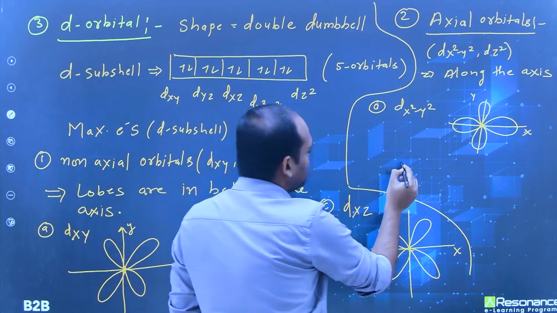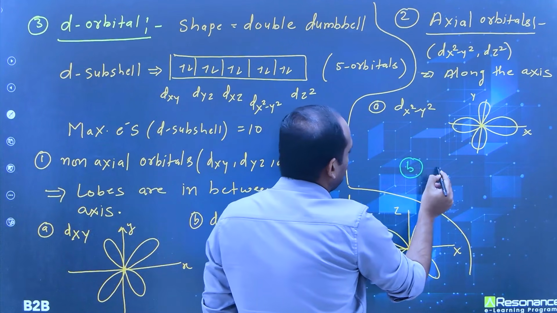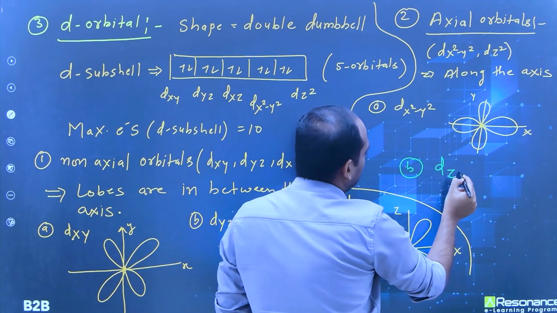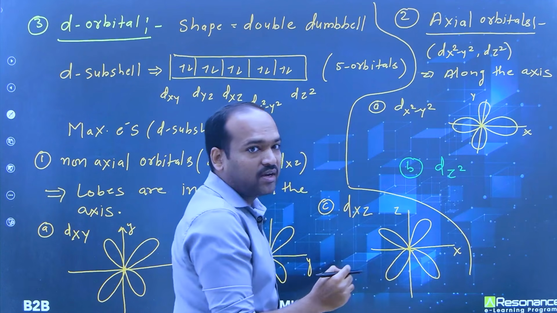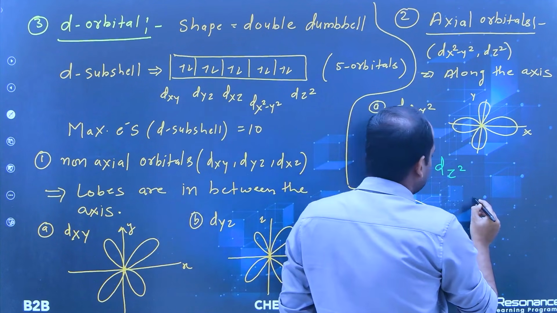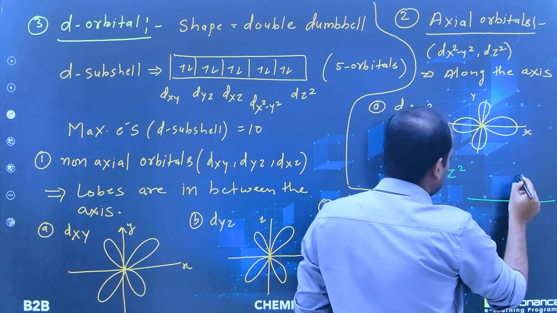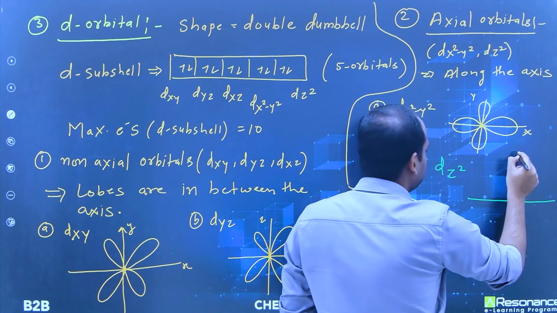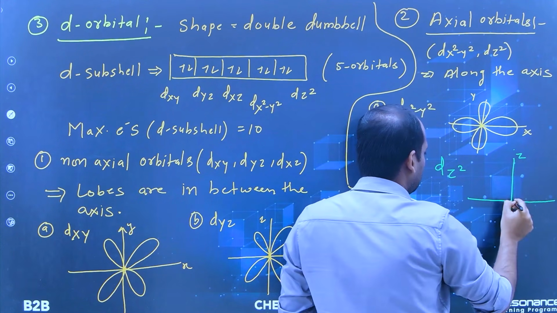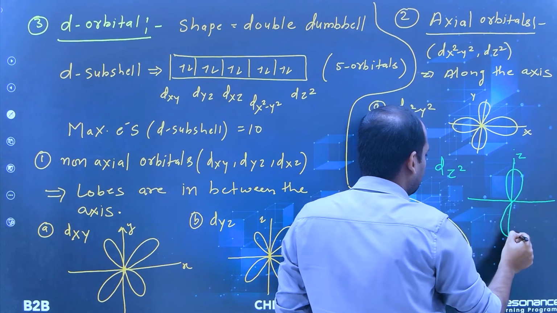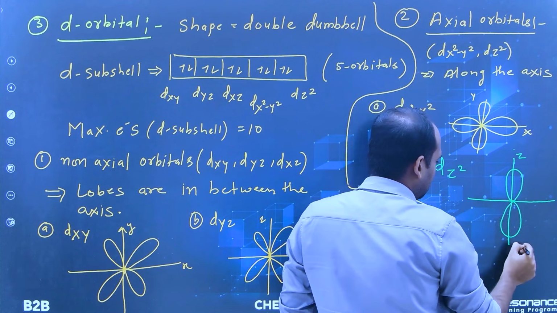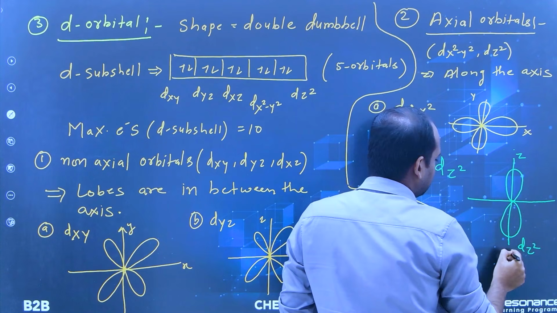Okay, B is dz square. Dz square is totally different. It has only two lobes. This is the z axis, so there is a lobe present in the z axis.